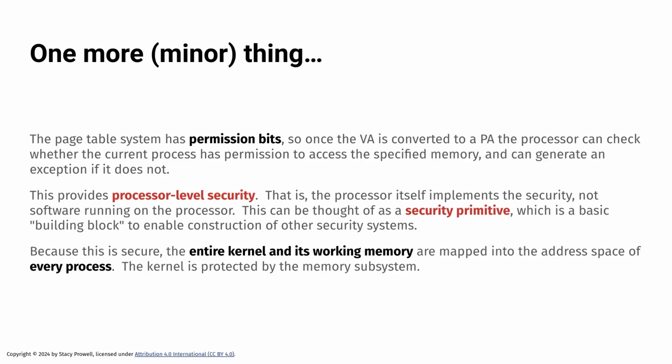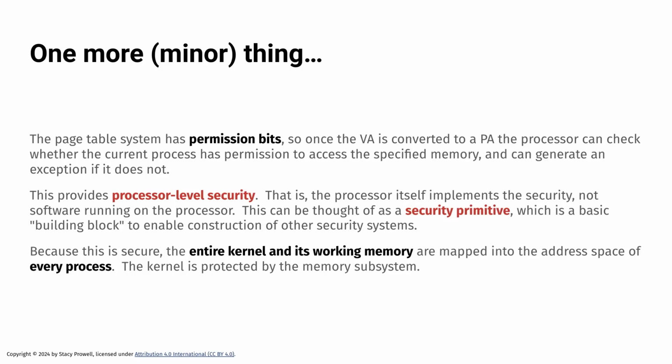That means that it is safe for me to do things like map the kernel and its working memory into the address space of every process. That's what you do. That is super helpful, kind of a reasonable and obvious thing to do. The entire kernel and its working memory are mapped into the address space of every process on Linux.